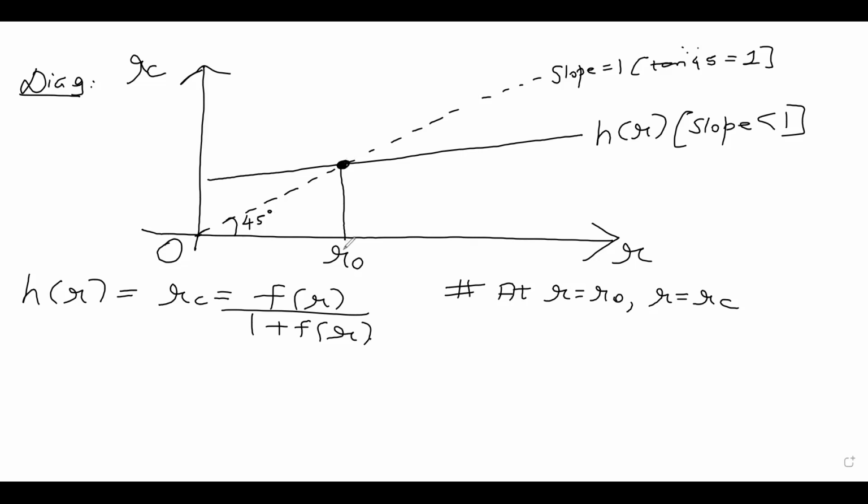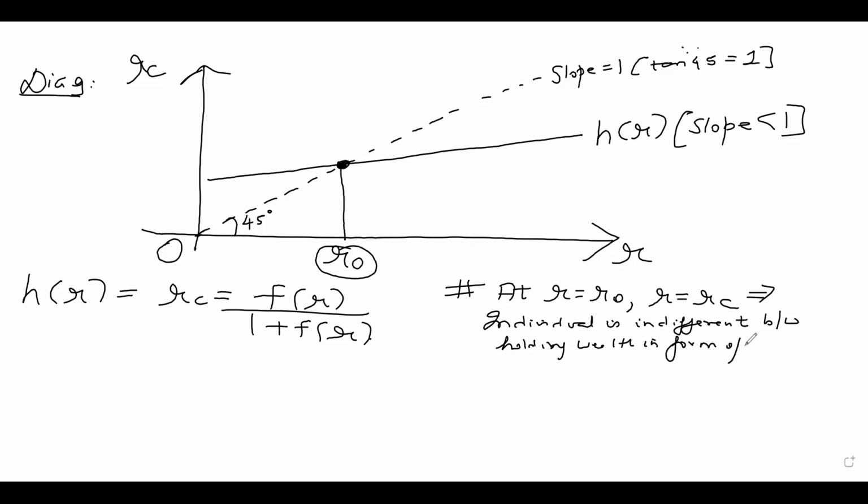So when R is equal to R naught, R is also equal to RC. And when R is equal to RC, the individual is indifferent between holding wealth in the form of money or bonds.